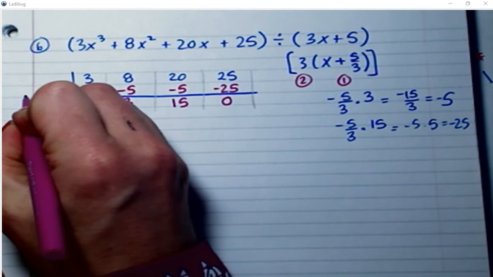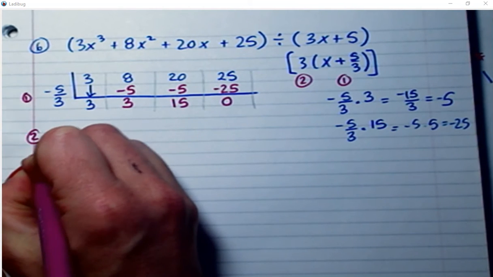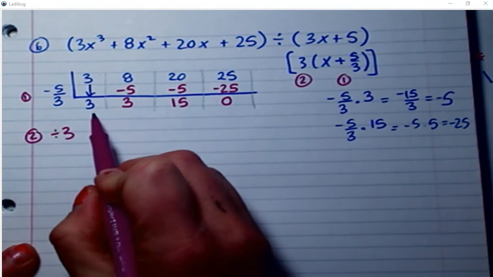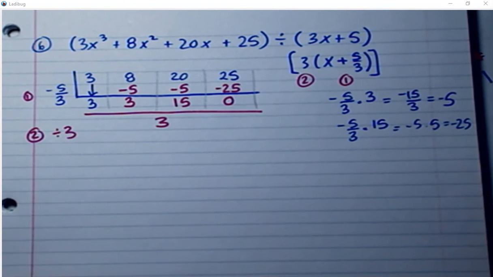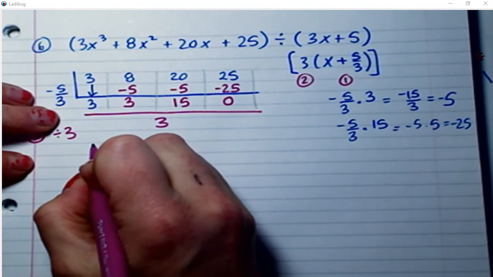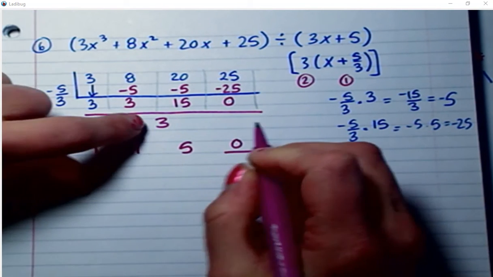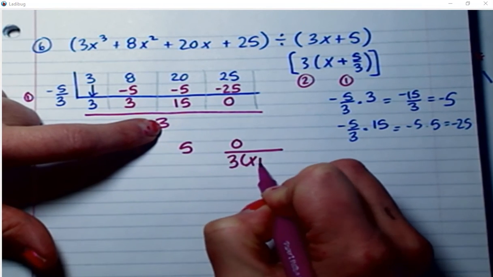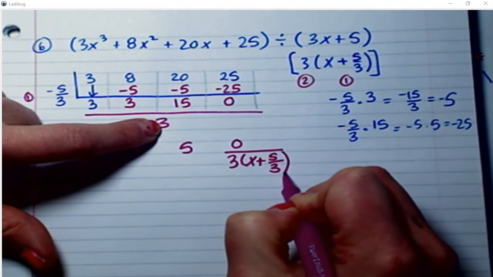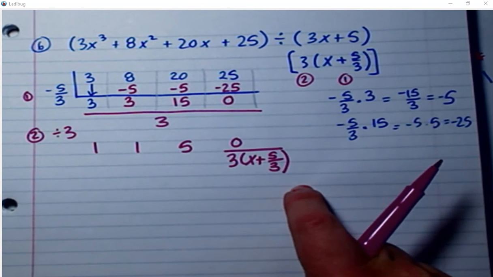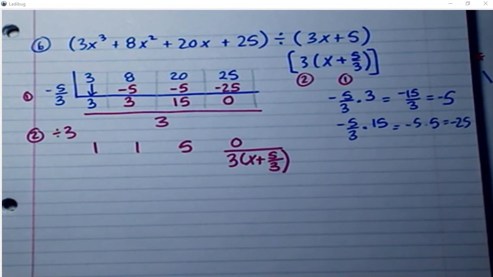Second step: there's the first step, here's the second step. Divide by 3. You would have to divide everything by 3. Now, just don't reduce the remainder. Just leave the remainder, so we get 1, 1, 5, 0 over 3. When you write in that remainder, that's what the remainder goes over, both the 3 and this. Can't you just write it over the original? Yes.